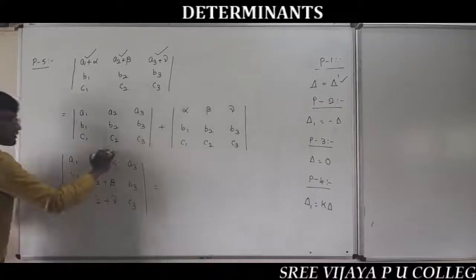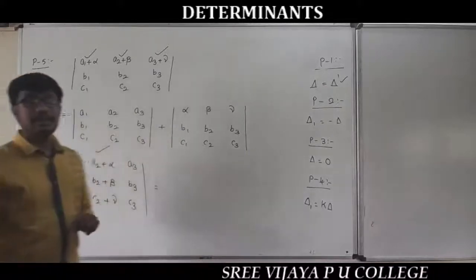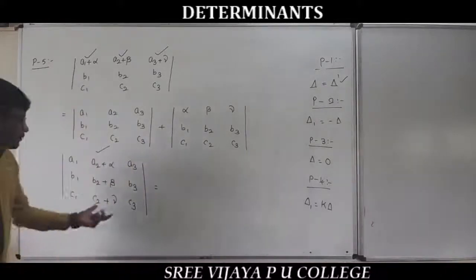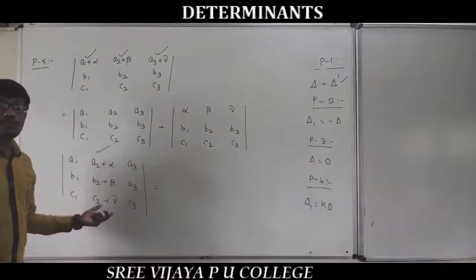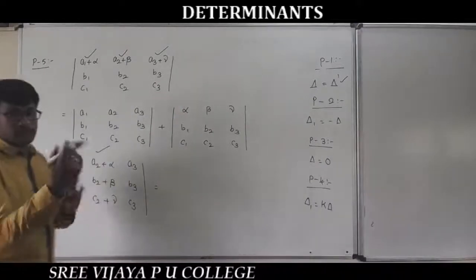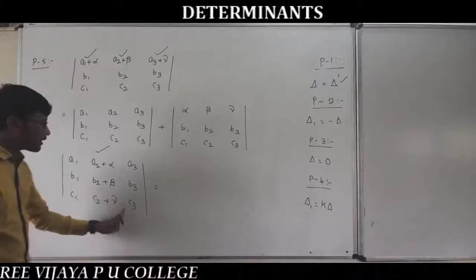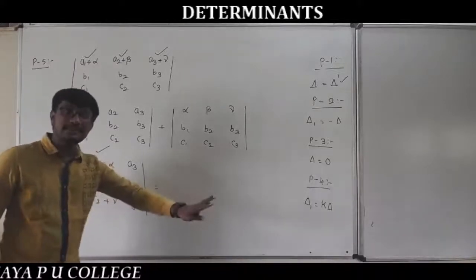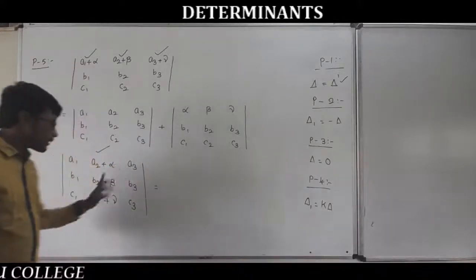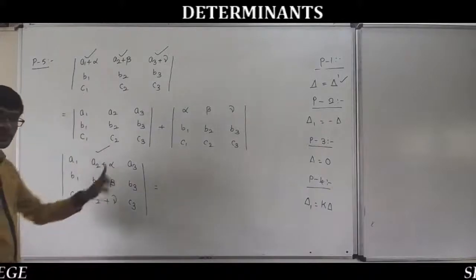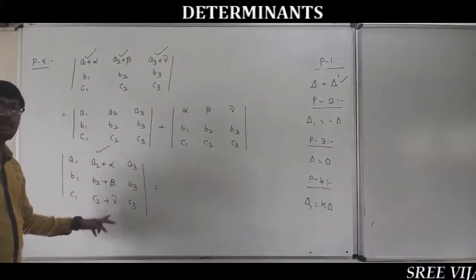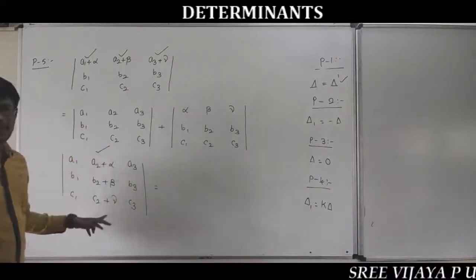So now the given determinant can be split into 2 determinants because here column 2 can be expressed as 2 terms. Column 1 and column 3 in the 2 determinants will be as they are. In column 2, for the first determinant you write A2, B2, C2. For the second determinant you write alpha, beta, gamma with the plus symbol.